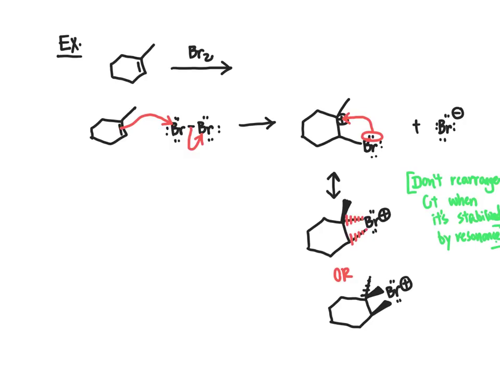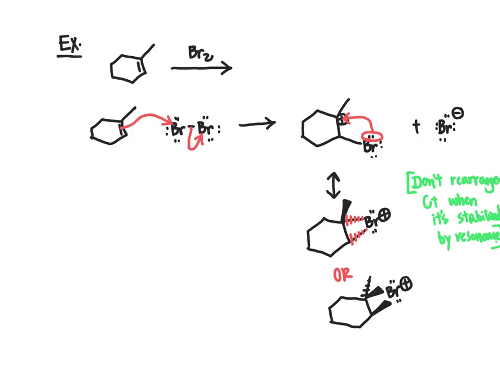And so, since these are major resonance structures, that introduces some constraints in terms of how the second bromine, the nucleophilic bromide anion, prefers to attack the molecule. The nucleophilic bromide anion is going to attack the intermediate from the face opposite where the first bromine is bonded.